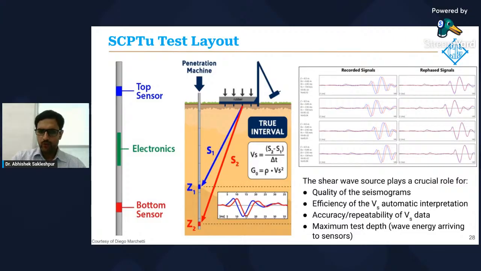So the shear wave source plays a crucial role for the quality of the seismograms, the efficiency of the VS automatic interpretation, accuracy and repeatability of VS data, as well as the maximum depth up to which we can perform the seismic CPT, because we need to be able to generate a sufficient wave that can travel up to the depth where we have the geophone.